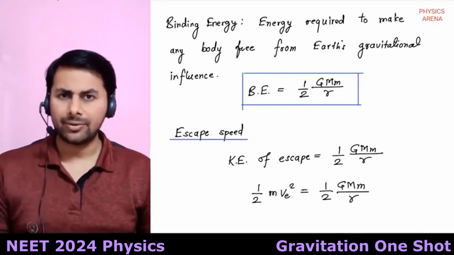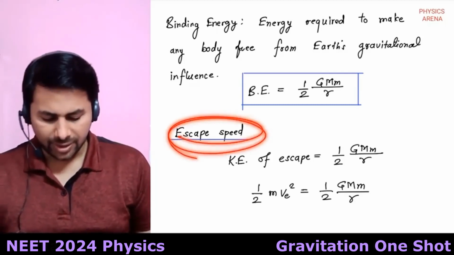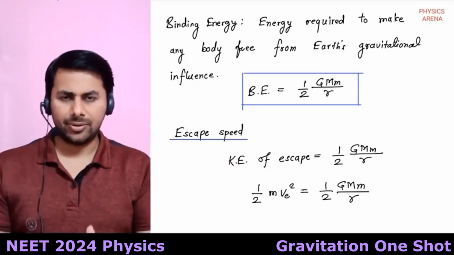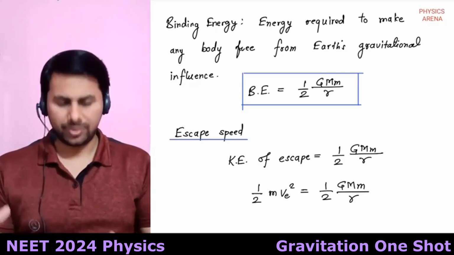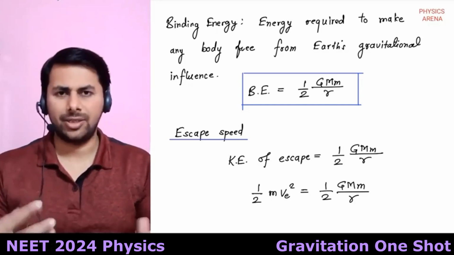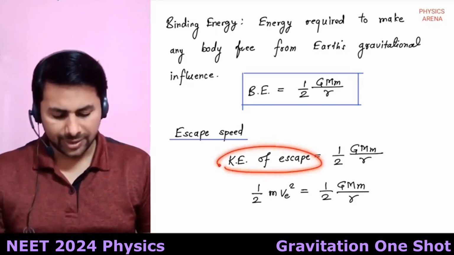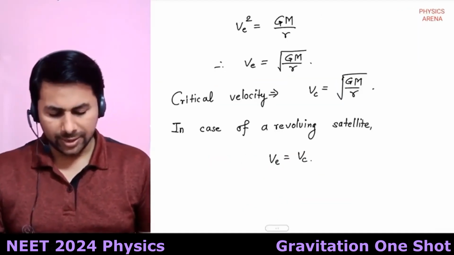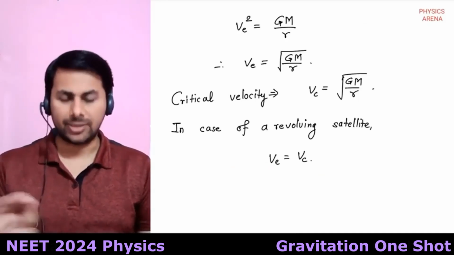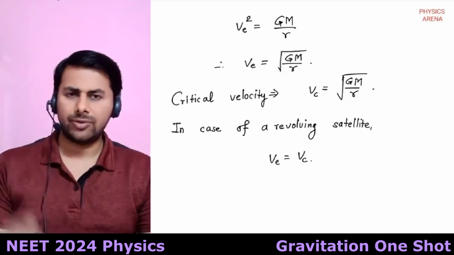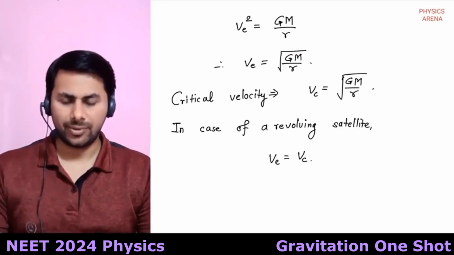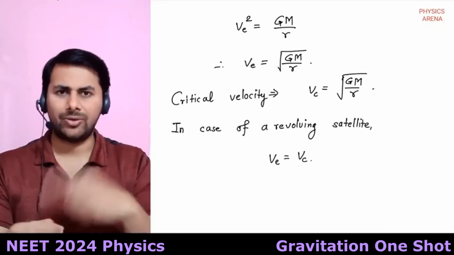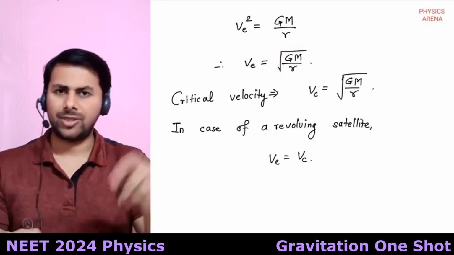Now the escape speed required for a satellite. The energy that you give is in the form of kinetic energy, in the form of speed. Kinetic energy of escape will be equal to this binding energy. By doing that, you find the escape velocity of a satellite, and it is equal to square root of GM upon r. It is already revolving around Earth with speed of square root of GM upon r.